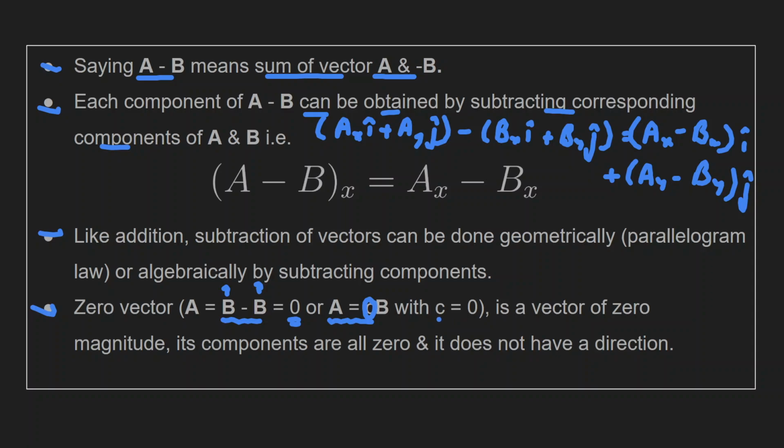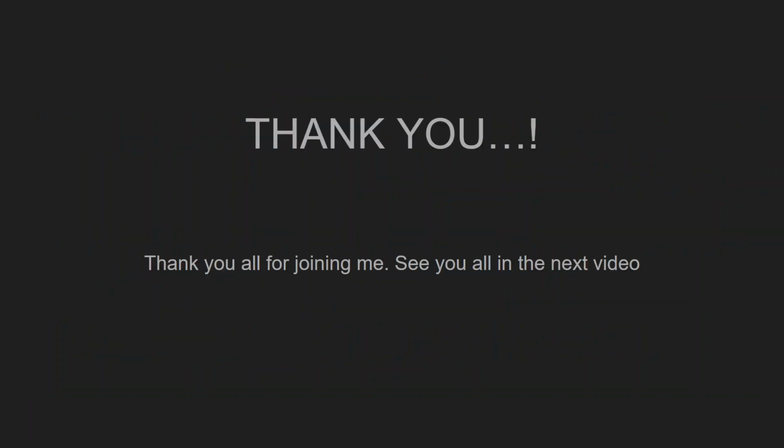If C is 0, then the vector becomes a zero vector. The zero vector has a magnitude 0, all its components are 0, and it does not have a direction. Important is this, it does not have any direction.